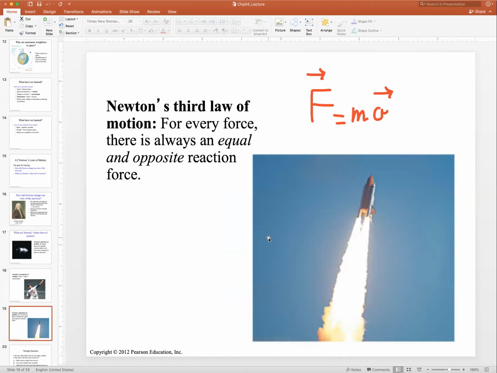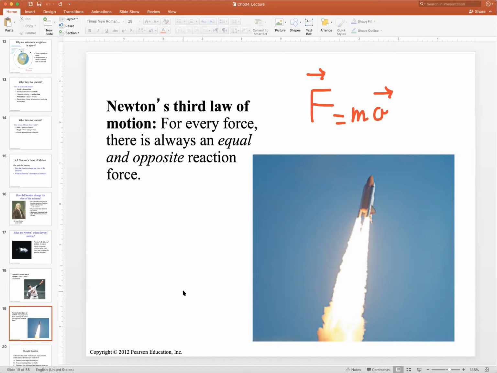Third Newton's law: for every action, there is an opposite and equal reaction. For every action, there's an opposite and equal reaction. Okay? For example, you have a soccer ball and somebody kicks the ball.